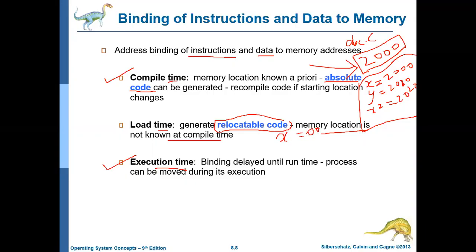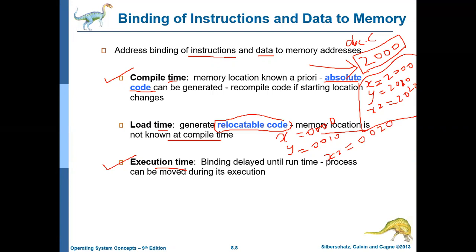That is a relocatable address, because we don't know the base address or the starting address. The y address it will assume as 0010, and x2's address it will assume as 0020. That is called relocatable code.